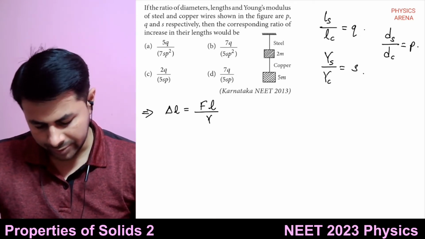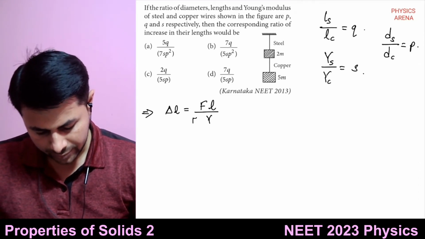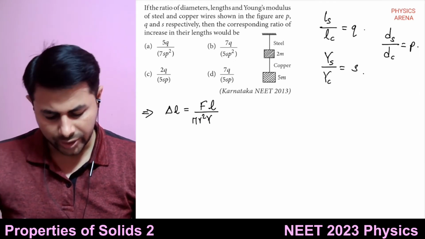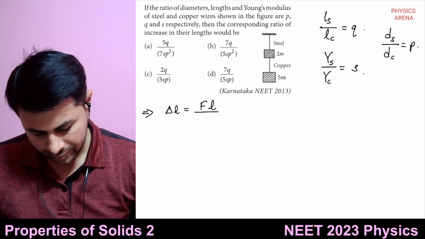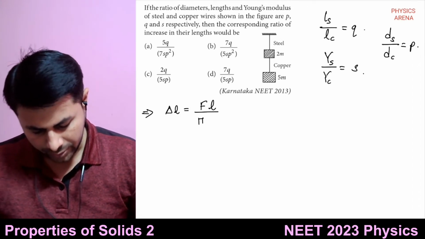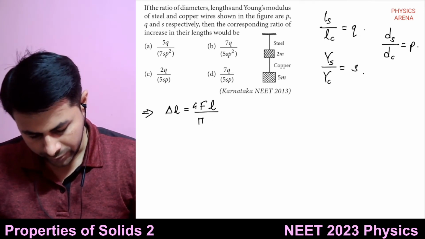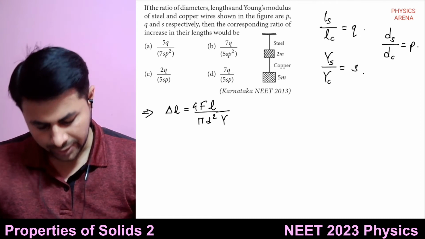And A can be written as pi r square, or since we want diameters, pi d square by 4, and Y will be there.